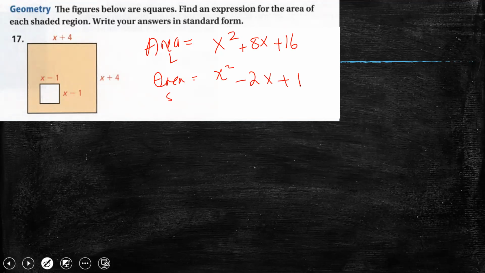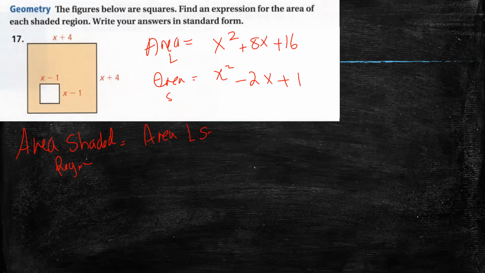Now, as I told you, if you want to find the area of the shaded region, I have to subtract the area of the large square minus the area of the small square. So the area of the shaded region will be the area of the large square minus the area of the small square.